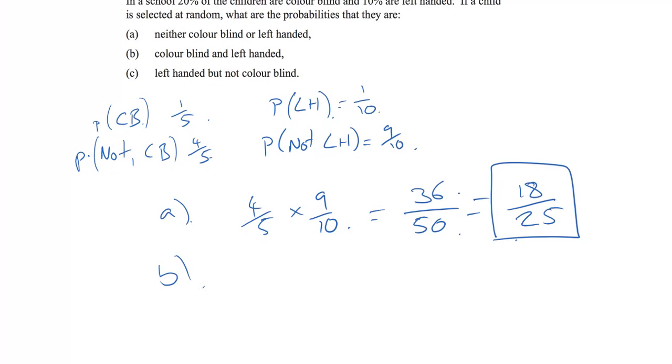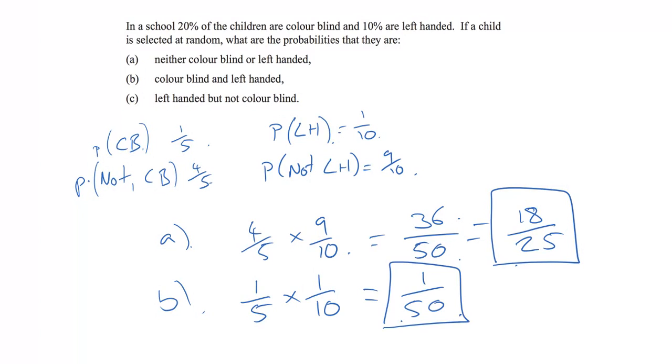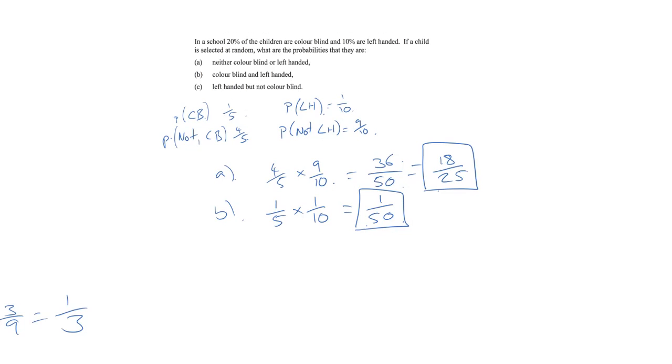So colorblind and left-handed. So that means they have to be colorblind, which is 1 over 5, multiplied by the probability of being left-handed, that's 1 over 10. So this is going to be 1 out of 50, and that can't be simplified. That's our final answer. Now, final part of this question, we've got to work out the probability of being left-handed but not colorblind.